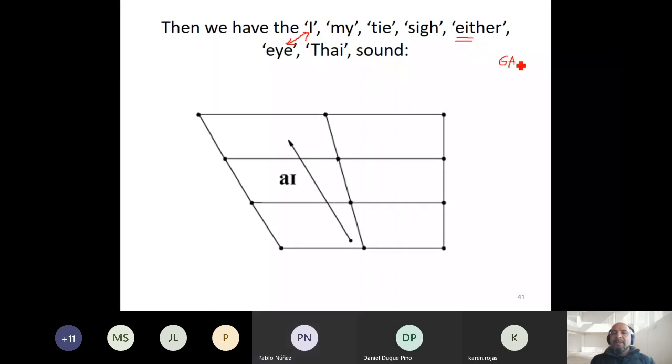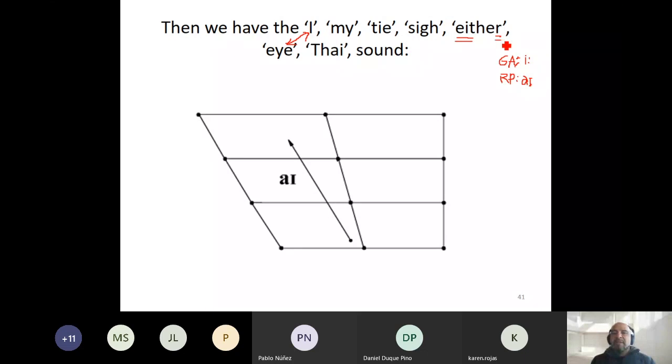Not always, but in general terms, people in the United States, standard English in the United States, general American would say "ee-ther", and in received pronunciation, probably they would say "eye-ther".